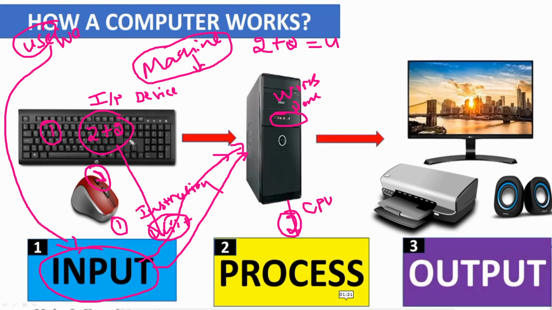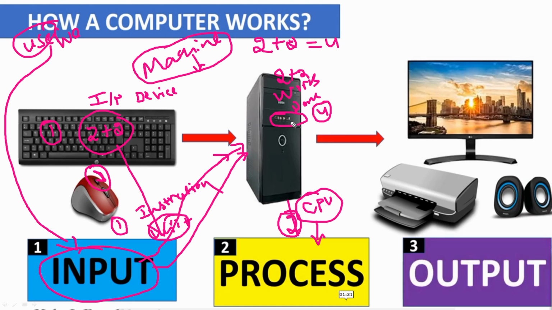From the keyboard and mouse, the instruction has reached the CPU. The CPU is the processing unit. Within a fraction of a second, the CPU will set the answer for the user's request, that is 4.